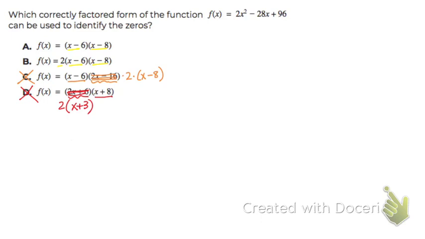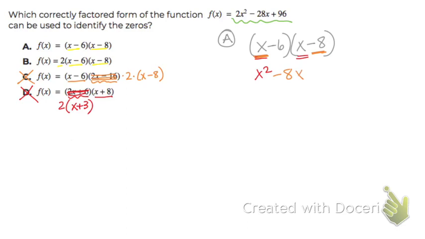In order to figure out what the solution is, what we're going to do is multiply. So we're going to multiply these together and see which one gives us this as the answer. So let's look at A. So we multiply the first numbers, then the outside numbers, times negative 8 is negative 8x.